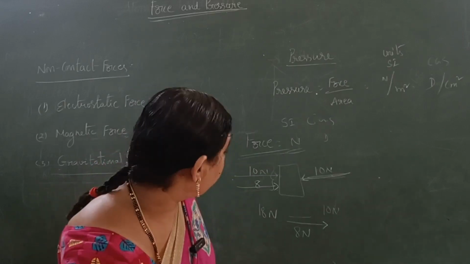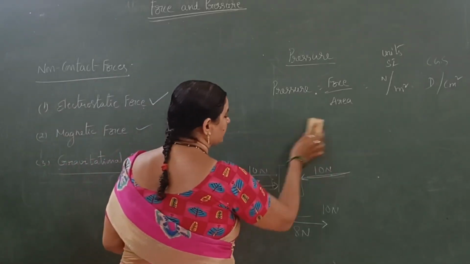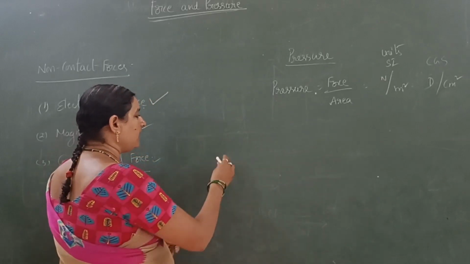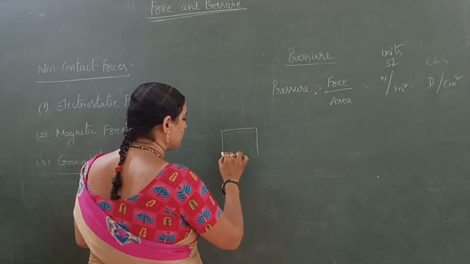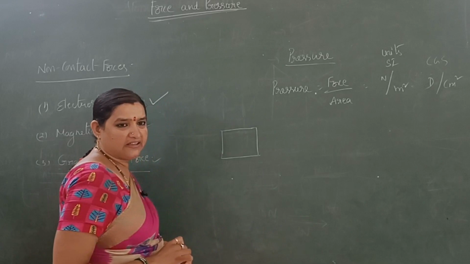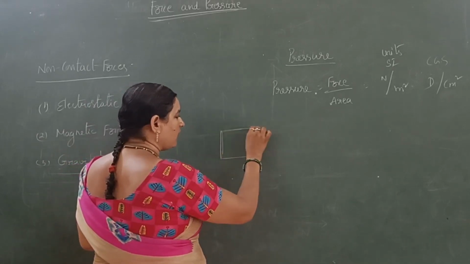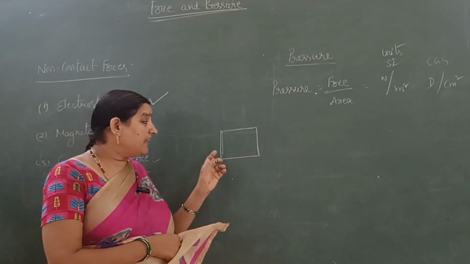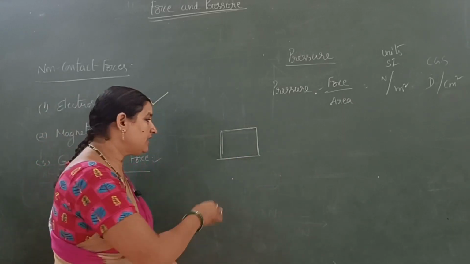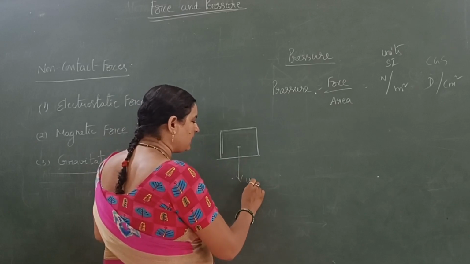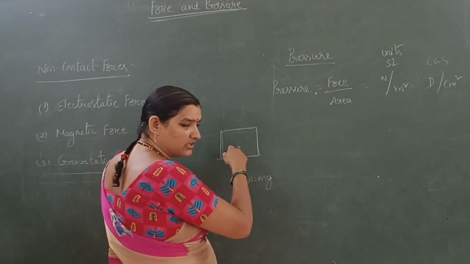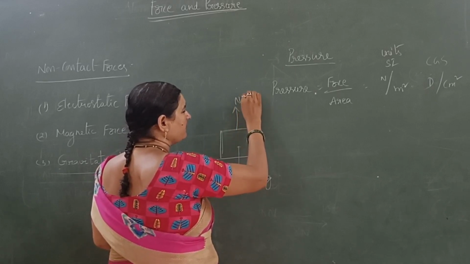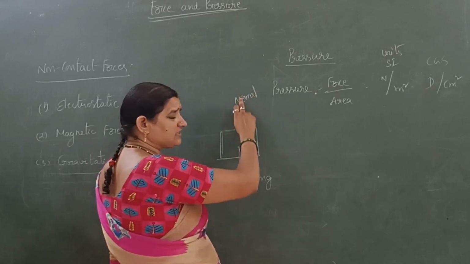In a body, we have 4 types of forces acting, in the horizontal direction and in the vertical direction. Suppose you take an object which is in rest position, that means the net force is 0. Here the gravitational force acting on the body, W equal to mg, acts in the vertical direction towards the center of the earth. The normal force acts on the body against the gravitational force.